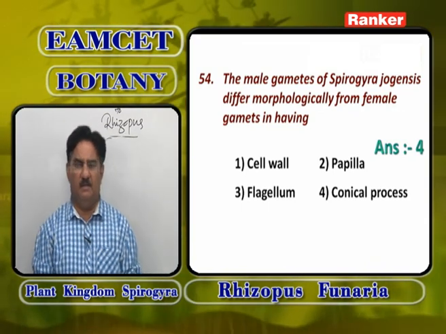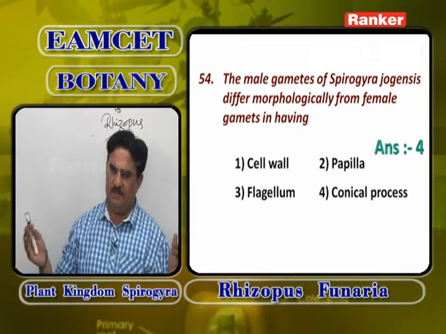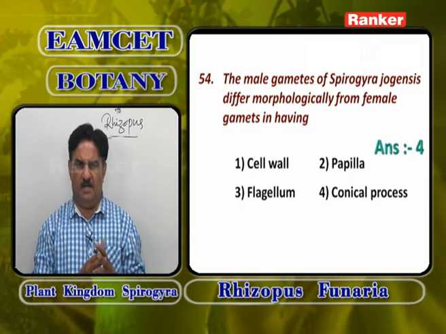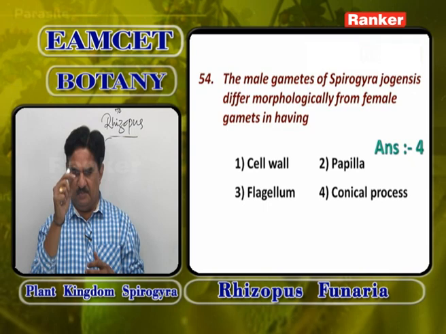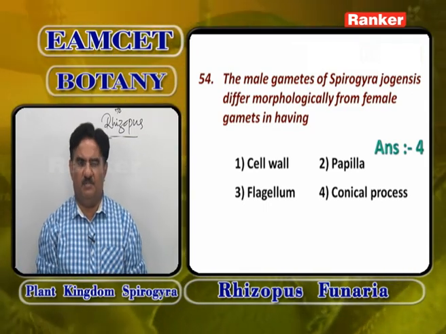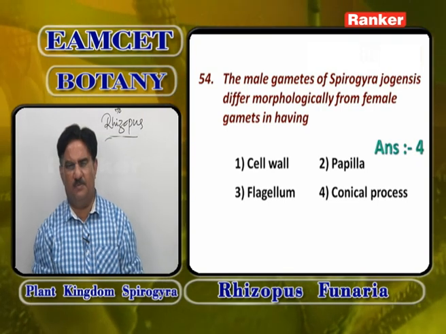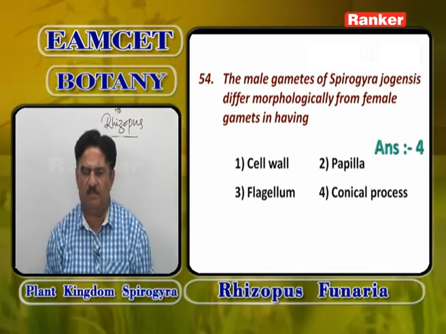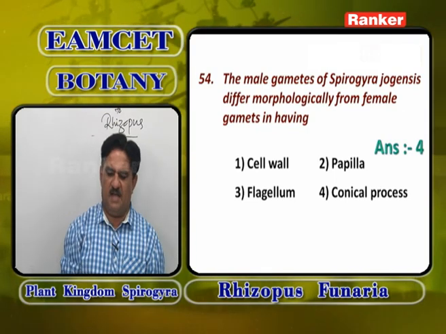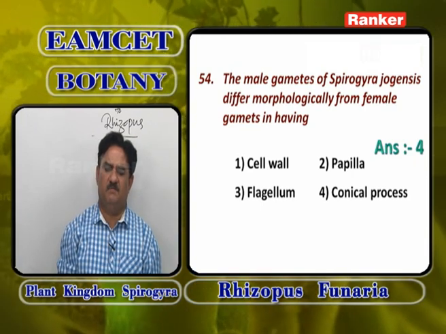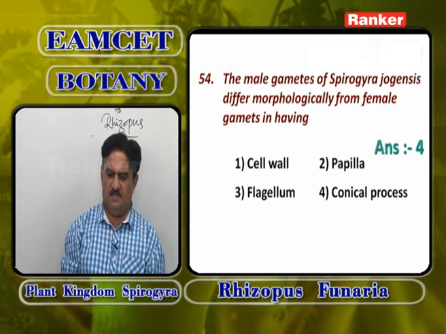But the female cell increases its size, but the male cell does not increase its size. In the male cell, if you clearly observe, the aplanogamete produces a small outgrowth or projection called conical process, which pierces through the septa and fuses with the other cell. So, the male gametes of Spirogyra jogensis differ morphologically from female gametes in having a conical process. This conical process is completely absent in female gametes. So, answer is 4.